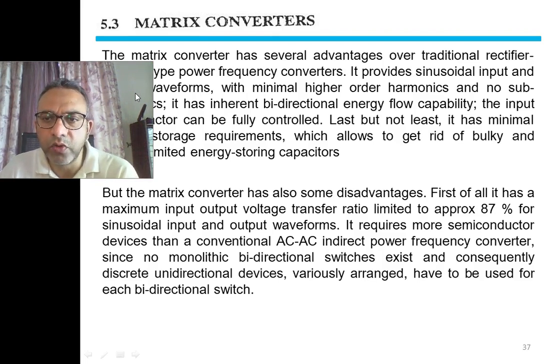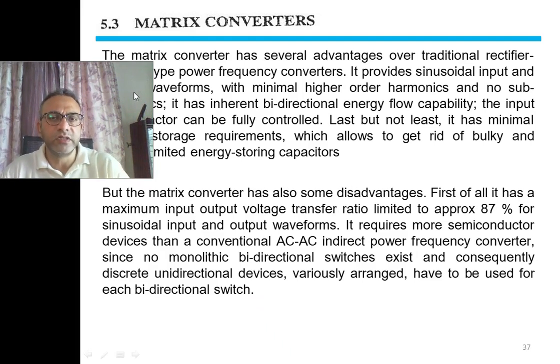It requires more semiconductor devices than a conventional AC to AC indirect power frequency converter, since no monolithic bidirectional switches exist, and consequently discrete unidirectional devices variously arranged have to be used for each bidirectional switch.